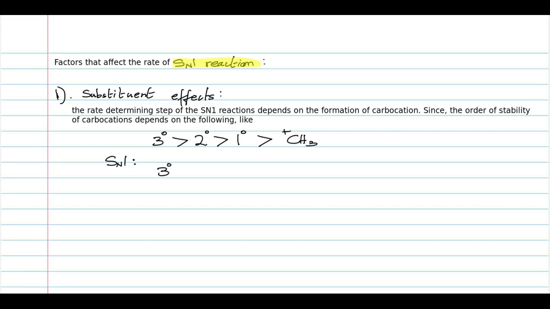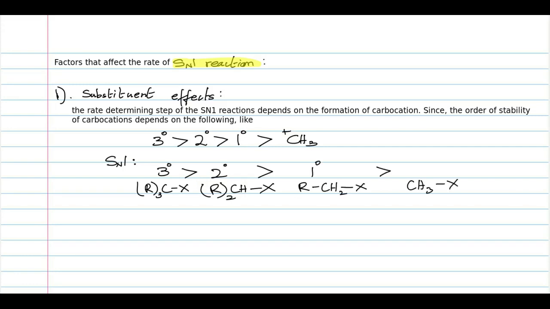That is, a tertiary alkyl halide will react faster than a secondary alkyl halide, which would react faster than a primary alkyl halide, which would react faster than a methyl alkyl halide.